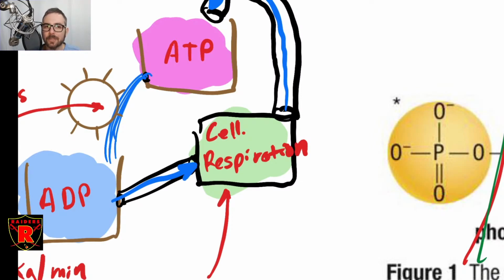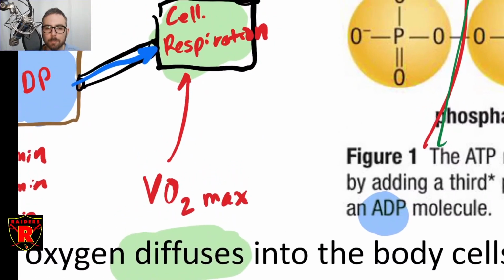That is basically measuring the strength of this pump. How quickly can you move stuff from the bottom tank into the top tank? And the maximum rate that you can move it is called your VO2 max. That is the maximum volume of oxygen that you can utilize.